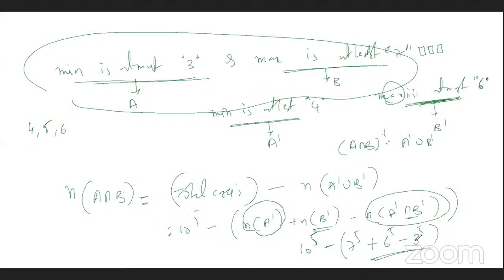Next question, Tejas. The minimum is 3 or the maximum is 7. What will you do with this? Minimum definitely should be 3, and at least the maximum should be 7.